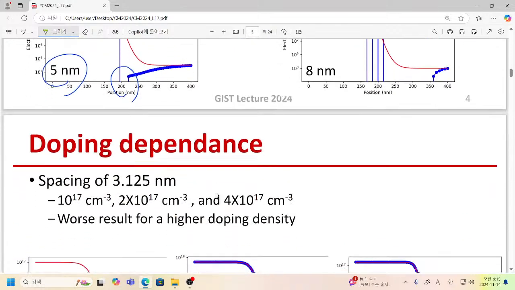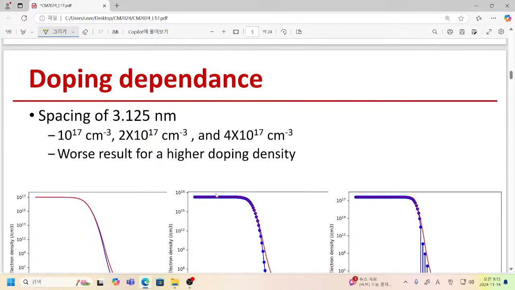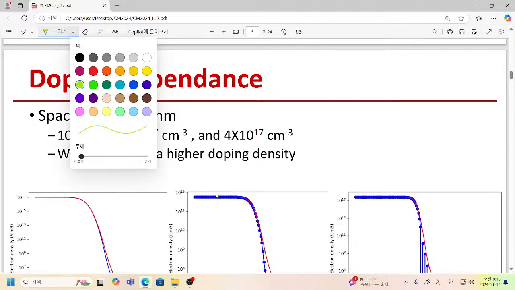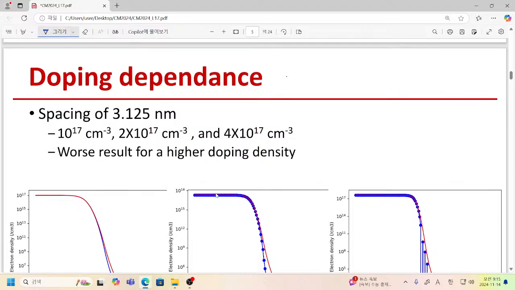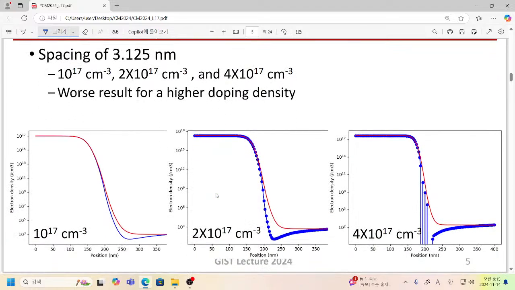Also, up to now I have just shown you the result for 10 to the 17 per cubic centimeter, so how about other situations? Please have a look at this condition. It was the condition where we still have a positive value, the borderline of non-occurrence of negative electron density.